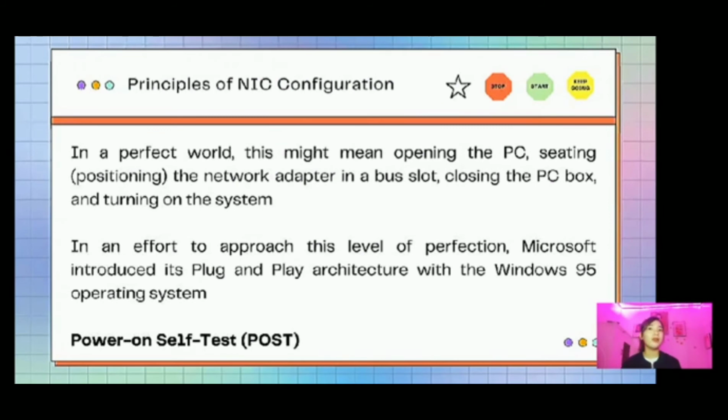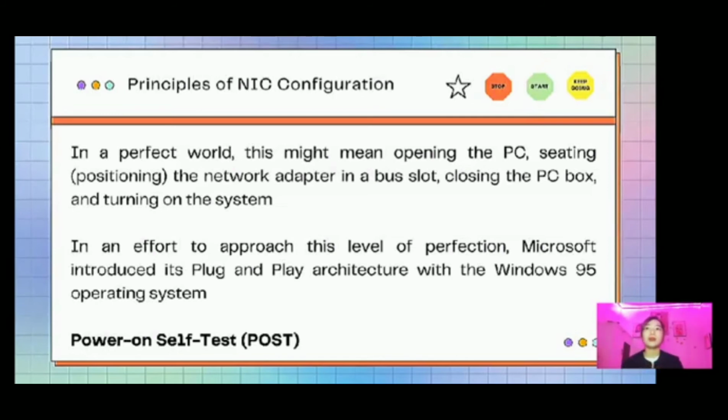Alternatively, it might only require plugging an external network interface into a serial bus port, so it's very handy for laptops. As soon as the computer boots up, the network would be available, but unfortunately, it isn't usually this easy.